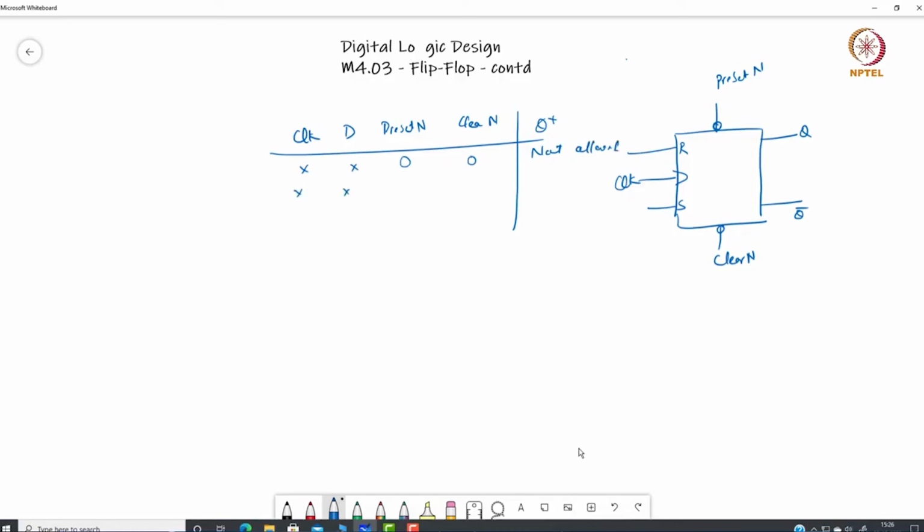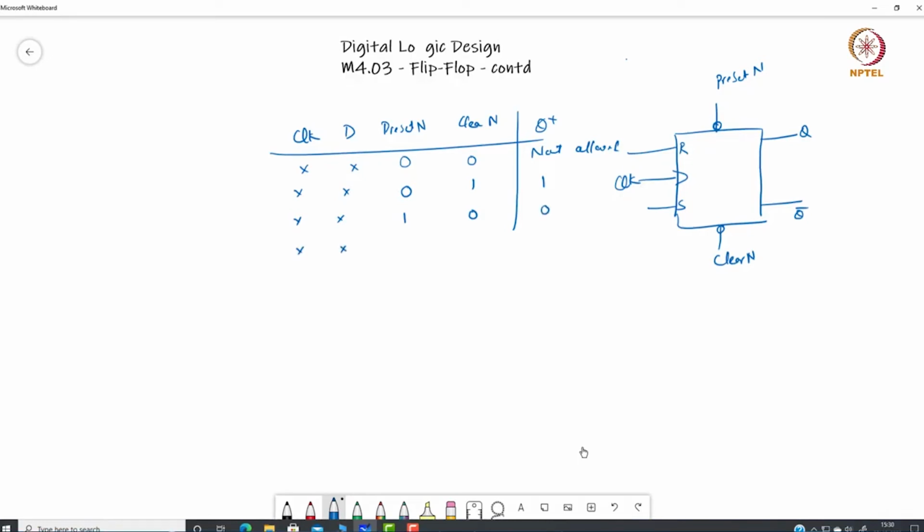If clear is 1, then when preset is 0, because it is active low, the output is going to be 1. Similarly, when clear is 0, that means clear is active, and the output is going to be 0.